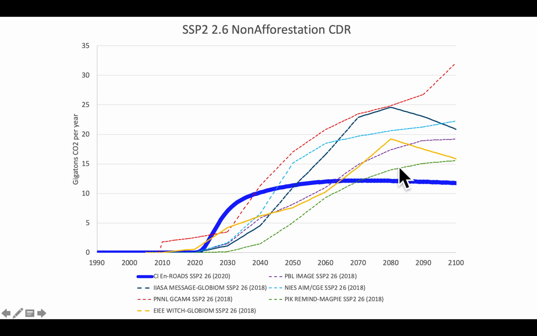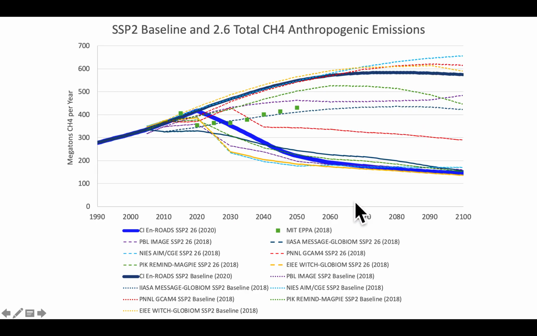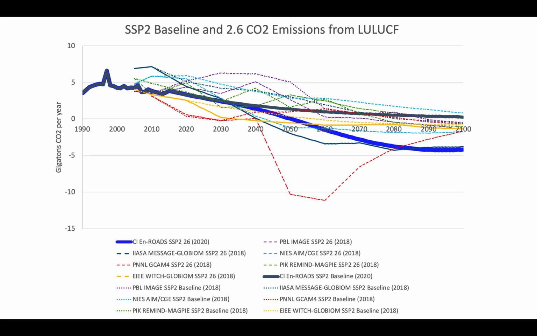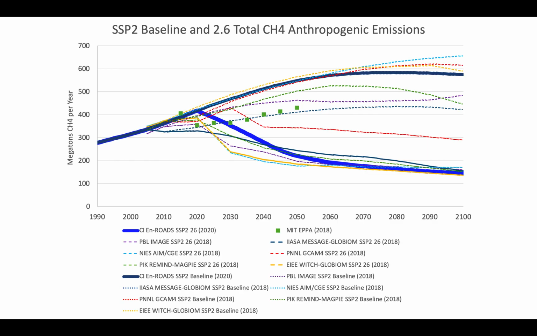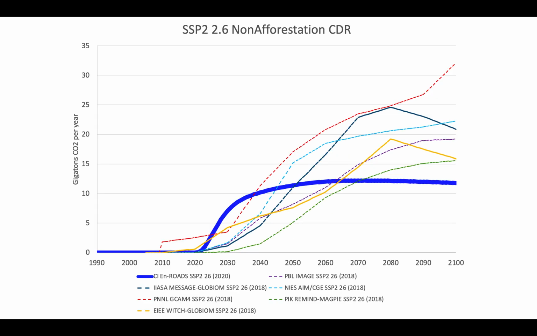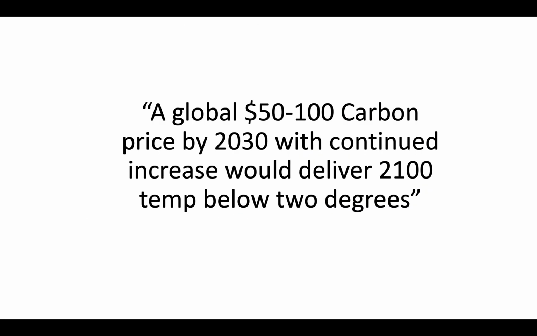This is a huge amount of a combination. It had to be BECCS, bioenergy carbon capture and storage, direct air capture, mineralization, biochar, ag soil carbon, some combination of those things. So we see now emissions from energy, but also land use change, other gases like methane and nitrous oxide, but also carbon dioxide removal.